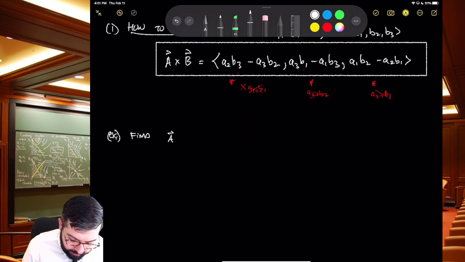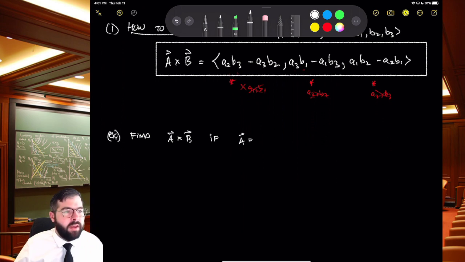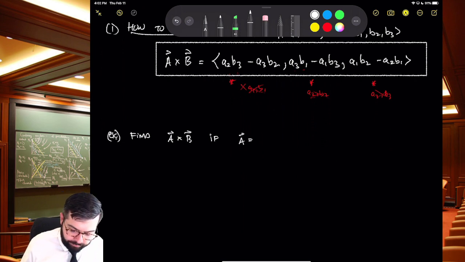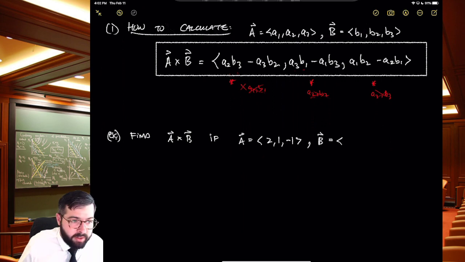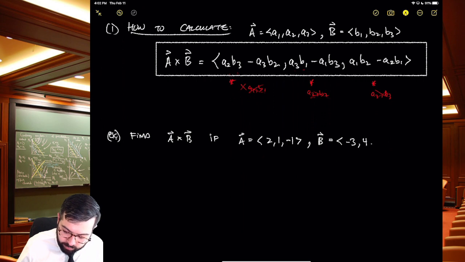So find A cross B. If A is 2, 1, negative 1, and B is negative 3, 4, 1.